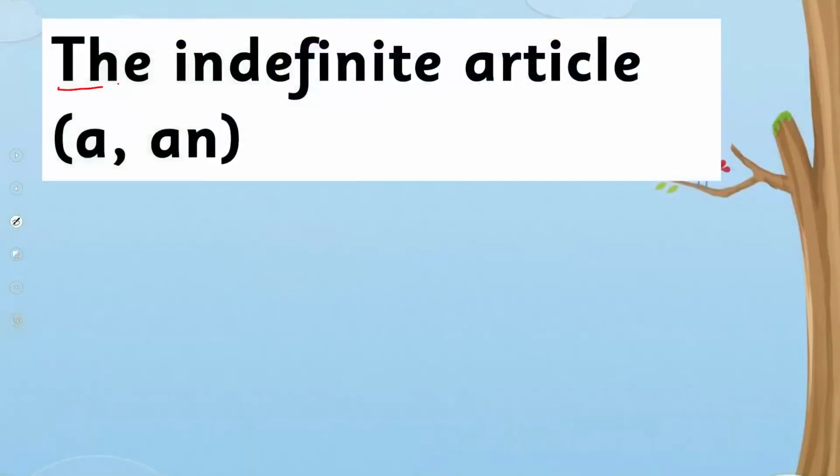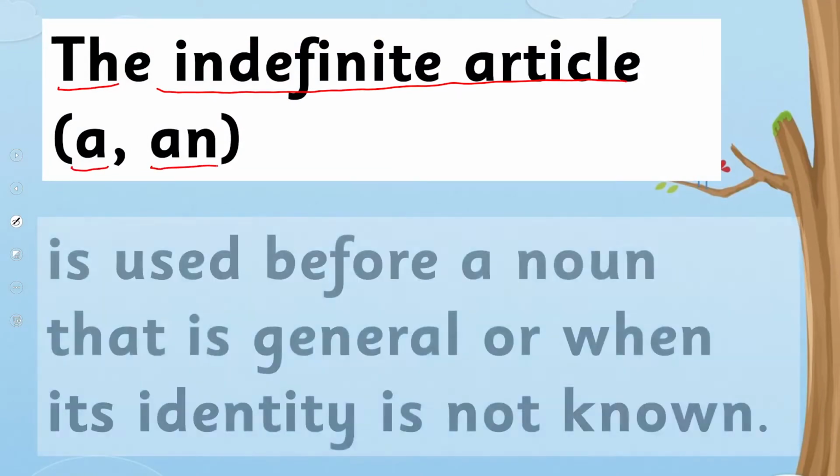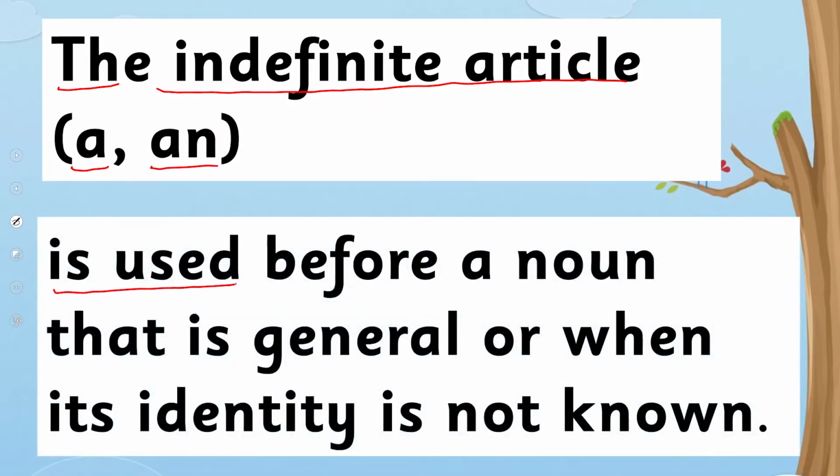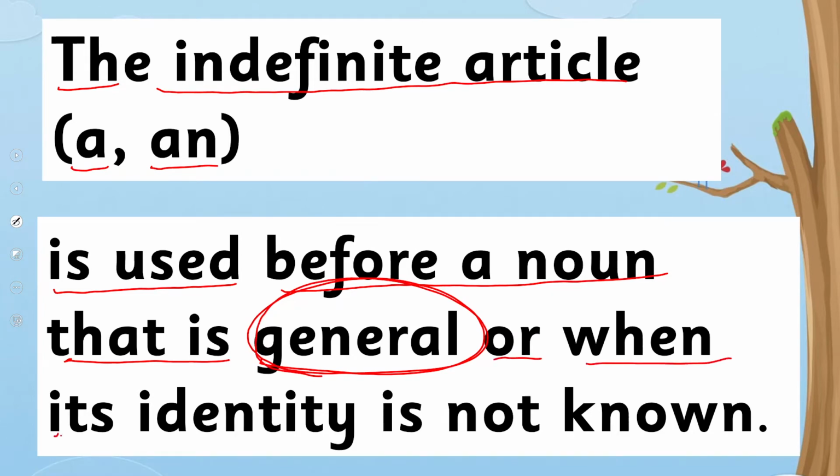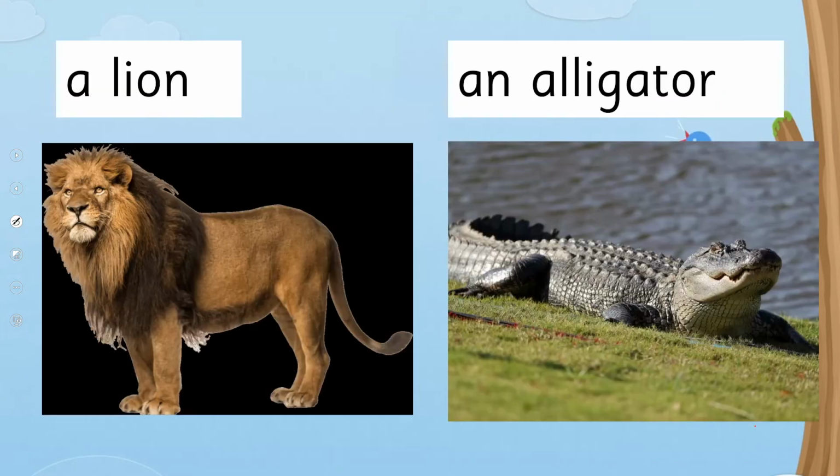Now the indefinite article a, an is used before a noun that is general, or when its identity is not known. A lion, an alligator.